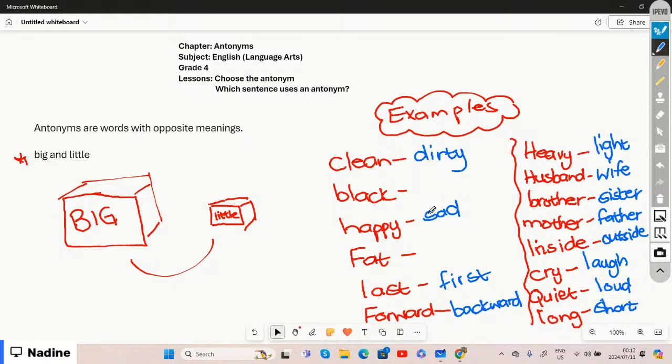We can say the opposite of fat is slim, or think of another word for slim.